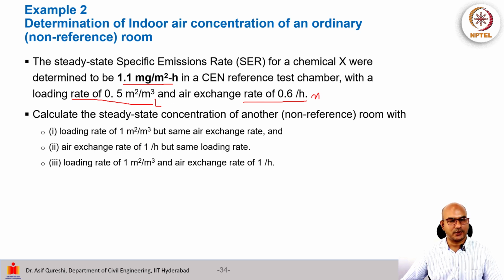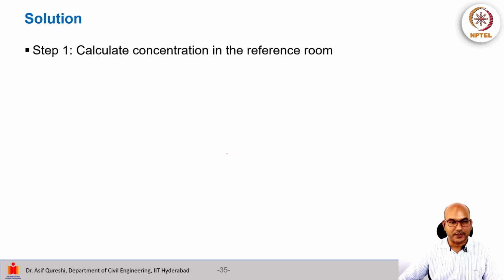The next one, the loading rate is the same, but the air exchange rate has changed, and the third situation where both are changed. So first is the concentration we have to calculate for the reference room.